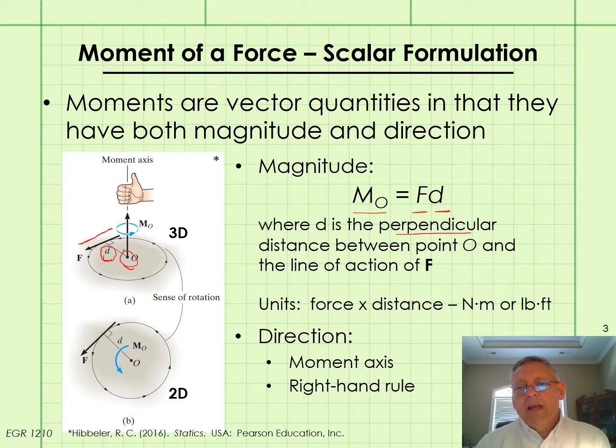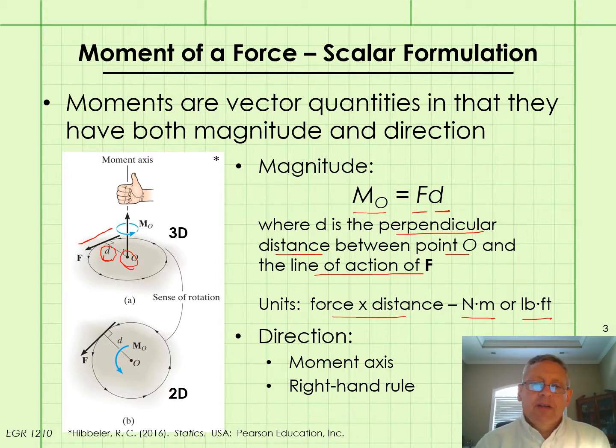And remember, it has to be the perpendicular distance when we're working in scalar between point O and the line of action of F. The units for moments, F times d, is force times distance. So in SI it will be in Newton meters, and in FPS it will be in pound feet.